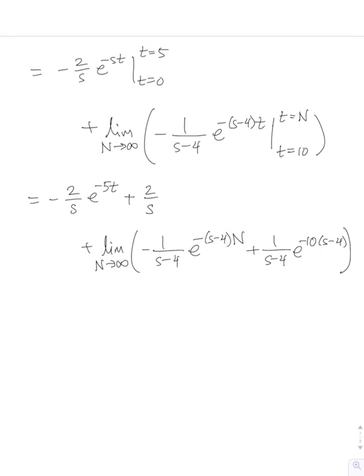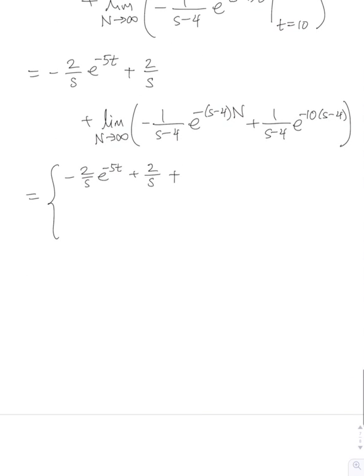Now we want to let n go to infinity. Let's see what happens. As n goes to infinity, the exponential that has the n in it is going to go to 0 when s is bigger than 4. So if s is bigger than 4, this limit is negative 2 over s e to the negative 5s plus 2 over s plus, let me scroll up here, plus 1 over s minus 4 times e to the negative 10 times s minus 4.